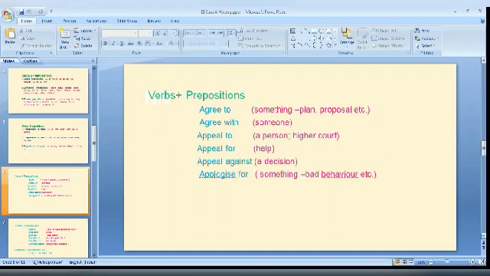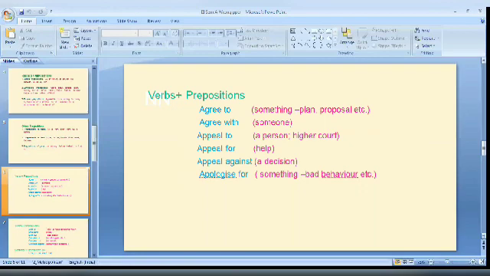Usually, in the English language, some prepositions go along with certain verbs. If we know these rules, it will be helpful for us to use appropriate prepositions according to the verbs. For example, the first example, agree to.